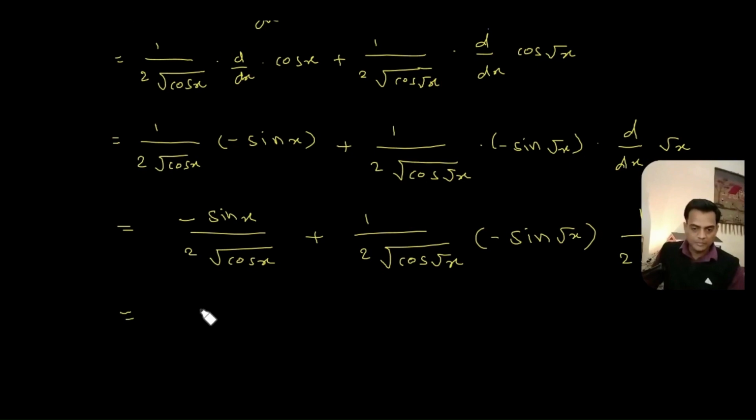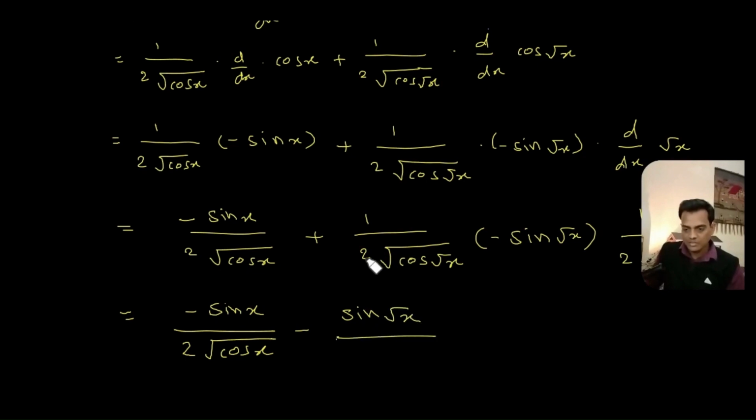It is equal to minus sine of x divided by 2 square root of cos x plus, I will take this minus, and this minus plus is equal to the minus. So sine of square root of x divided by 2 into 2 is 4, square root of cos square root of x into square root of x. So I think it's okay.